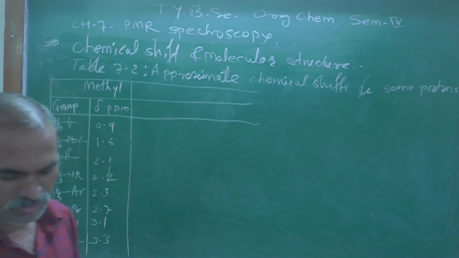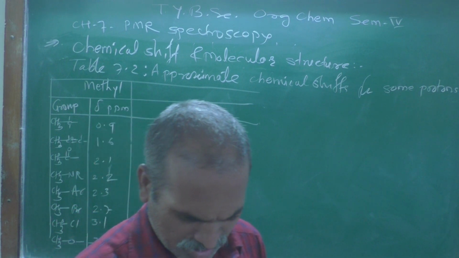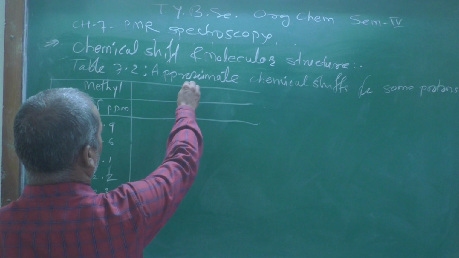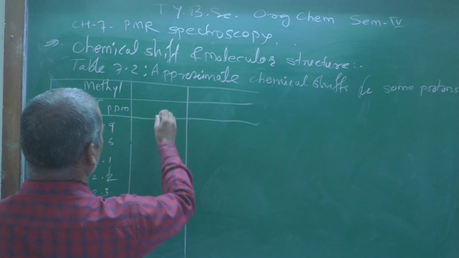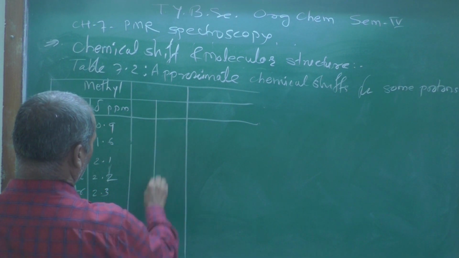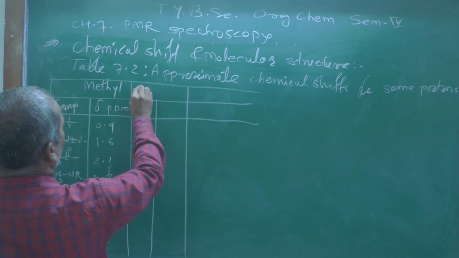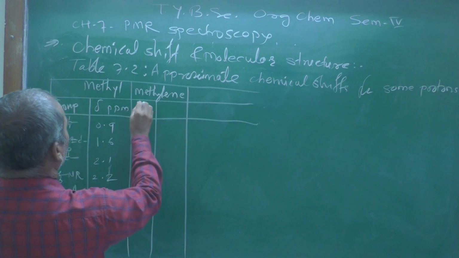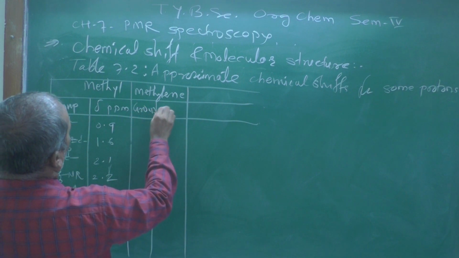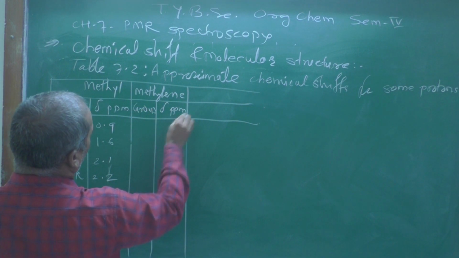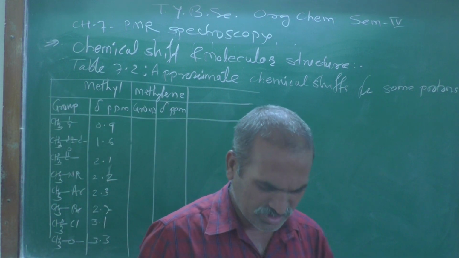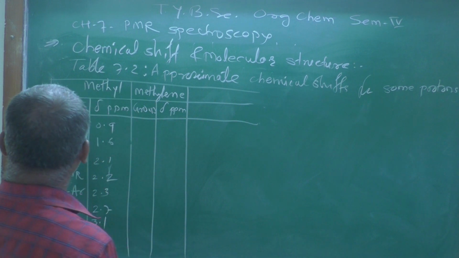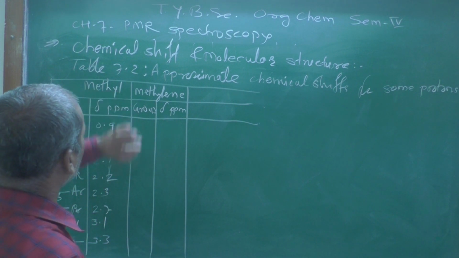Now this is a methyl group. Now let us see another group which is a methylene group. Here is the methylene group, and here delta in ppm. What is the difference between methyl and methylene?